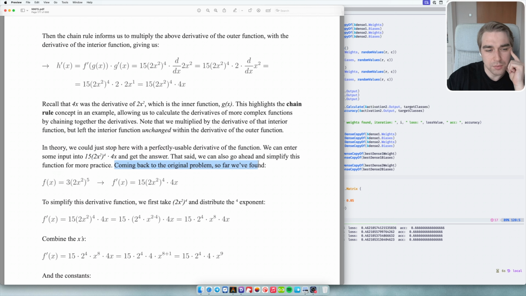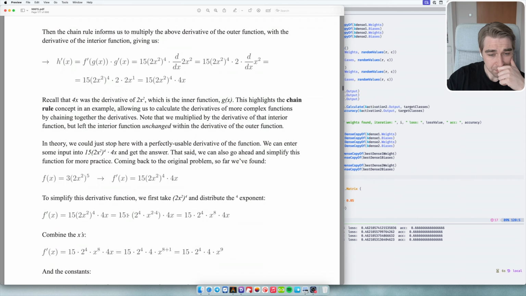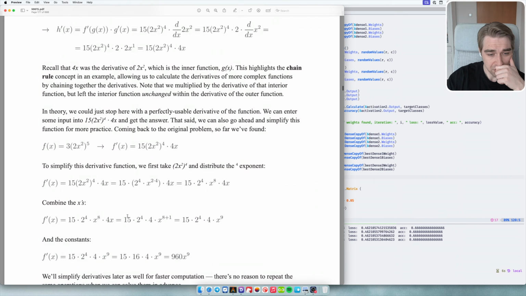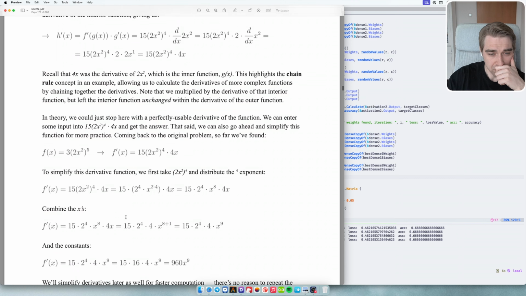Coming back to the original problem, so far we found the derivative. To simplify this derivative function, we first take and distribute the... Yeah, but it will be the same, right?